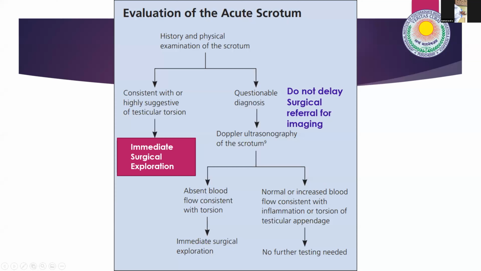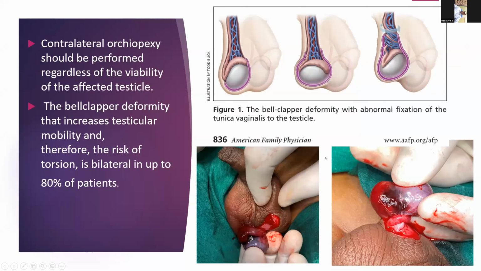Therefore, Doppler ultrasound, unless done by an expert who works with children, is not as useful as described in literature. Immediate surgical exploration if it is before 48 hours, and if it is beyond 48 hours of presentation, go ahead with the ultrasound or whatever, and then do the referral, because in any case, testicular salvage is very unlikely.